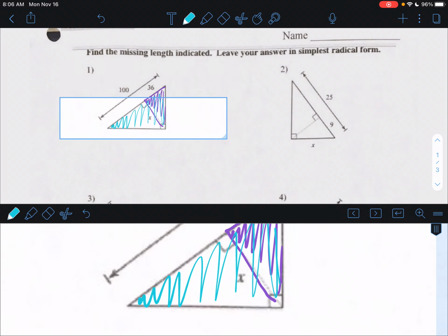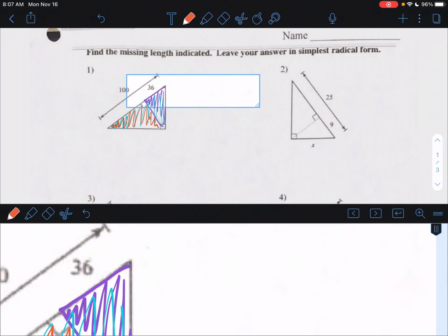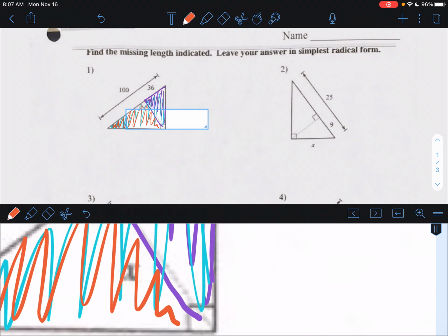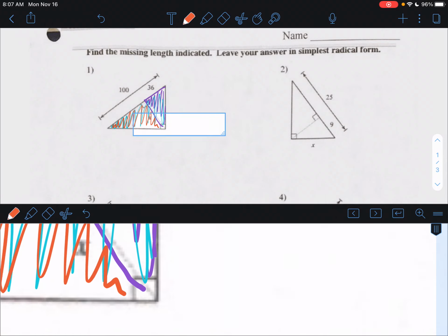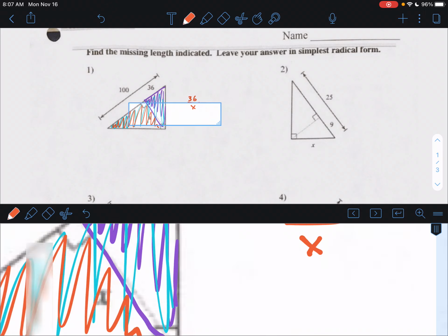But if I look at the medium triangle, I have my short leg is x, but I don't know the long leg. I don't know the hypotenuse either. But I can figure out the long leg, because remember, for the smaller triangle we said it was the short leg, which was 36, over the long leg, which was x.